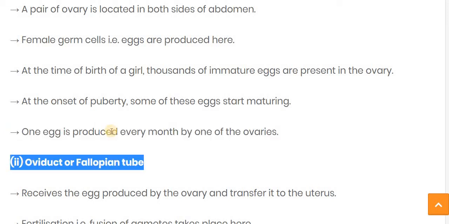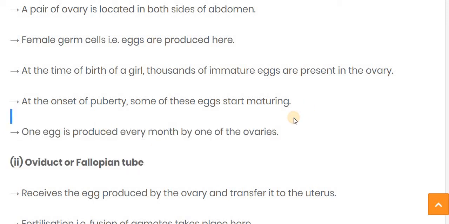The next thing that remains is the function of the ovaries. If asked to write down the function of the ovaries, then the answer is that the ovary produces the ova, or you can say the egg cell.